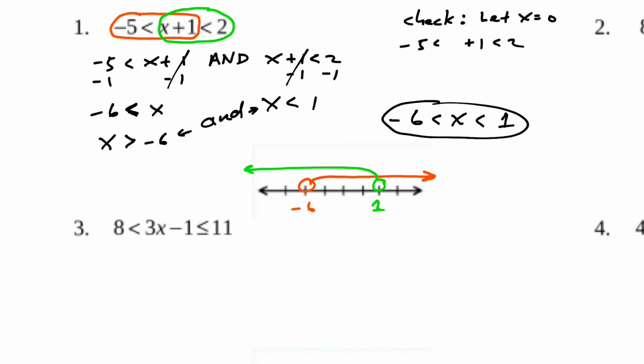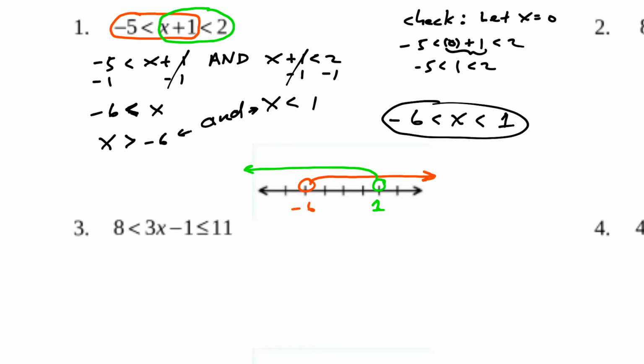Now what I have is -5 is less than, well, then I go ahead and add this right here. Again, my x right here is 0. That's what I substituted in for x. So 0 plus 1, that's 1. And then I bring down my other inequality as less than 2.